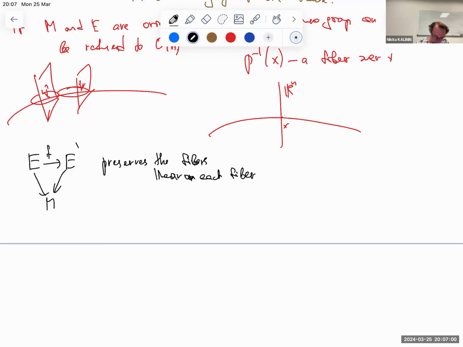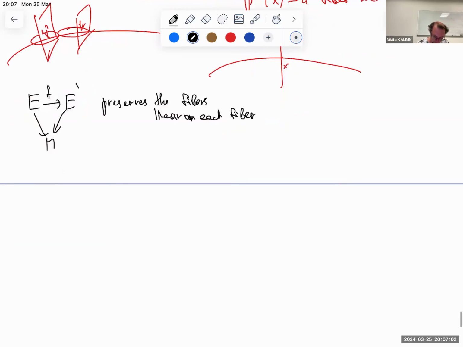And it's commutative. So for every x in M, F sends p inverse of x to p2 inverse of x, and it's a linear map.